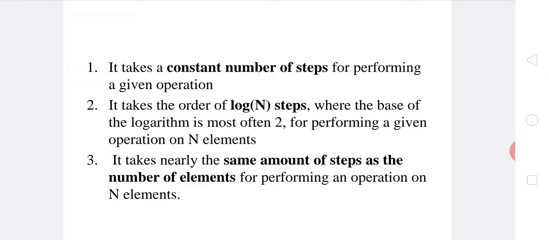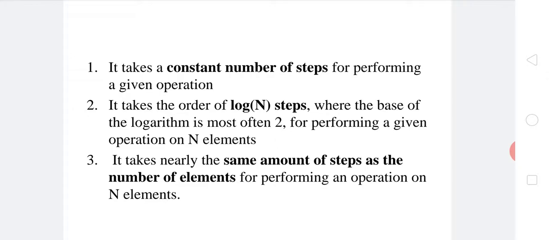The next one is logarithmic. It takes the order of log n steps, which are required when we execute logarithmic complexity, where the base of the logarithm is most often 2.